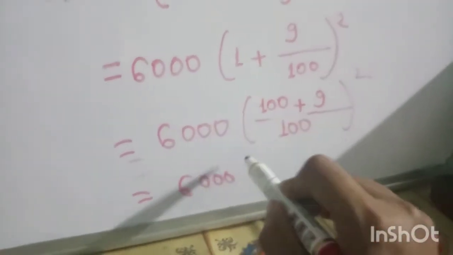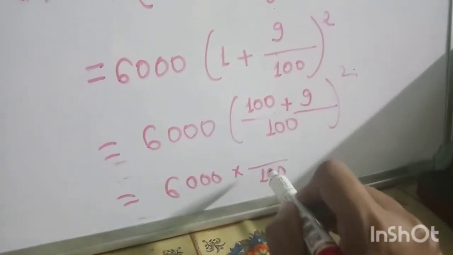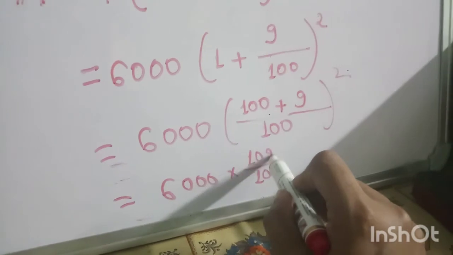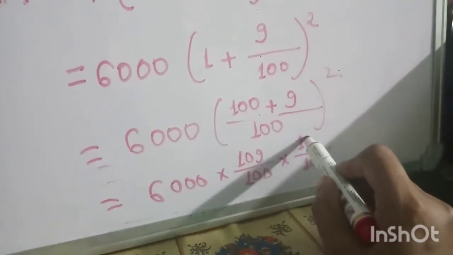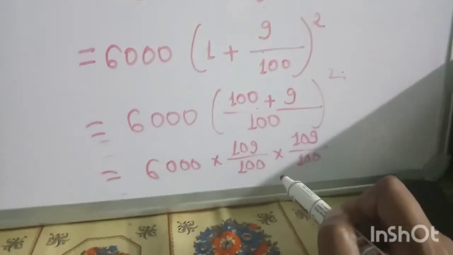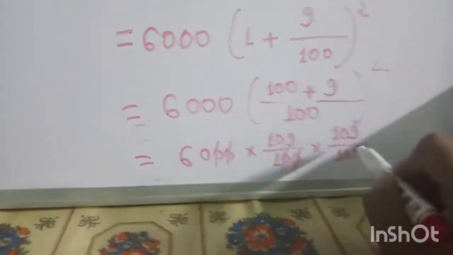6,000 into 109 into 109 by 100. Now this will get cancelled.